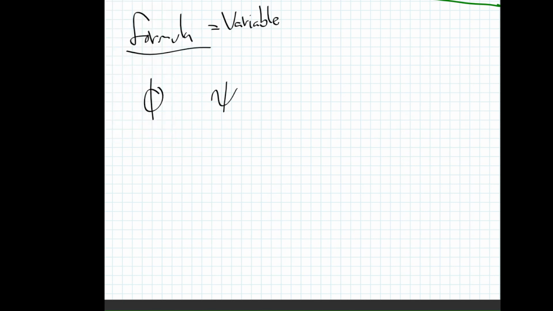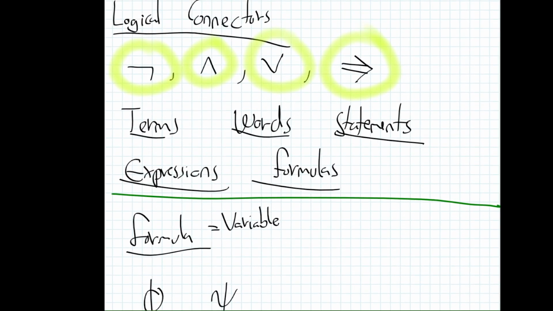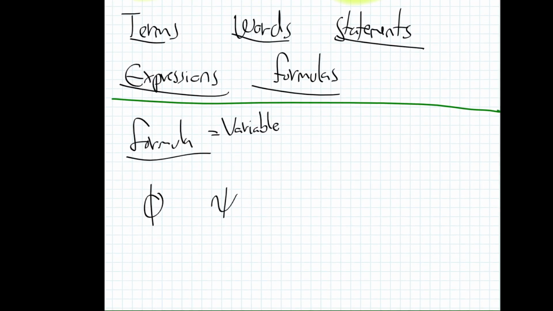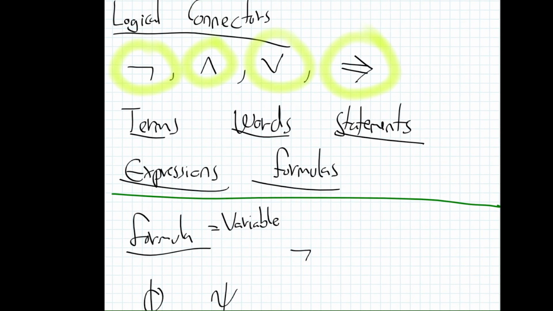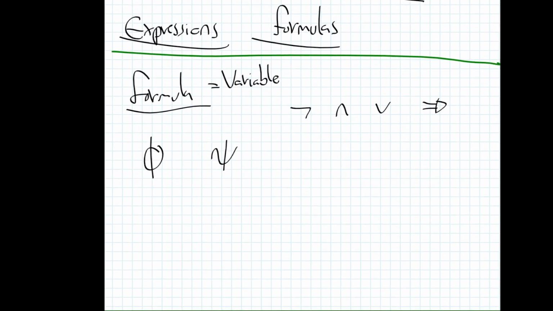And so what we have until now is that we can have variables, right? We can have certain groups, logical connectors, and this is the syntax we'll use, right? The logical connectors being, of course, this one, this one, this one, and this one. Actually, let me fix the one on the right. Yeah.